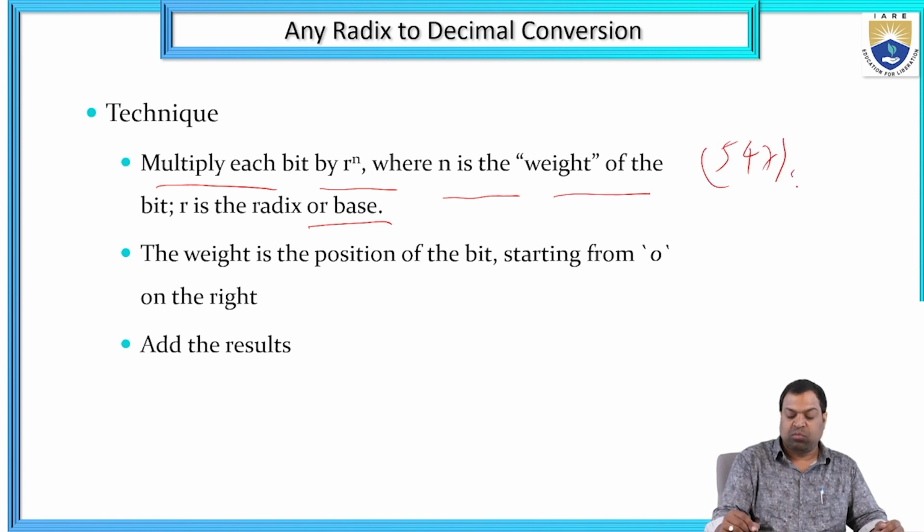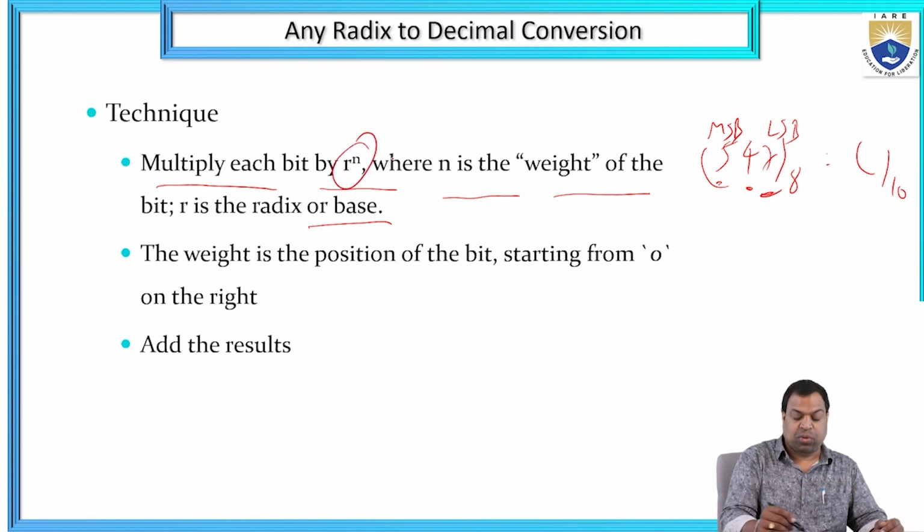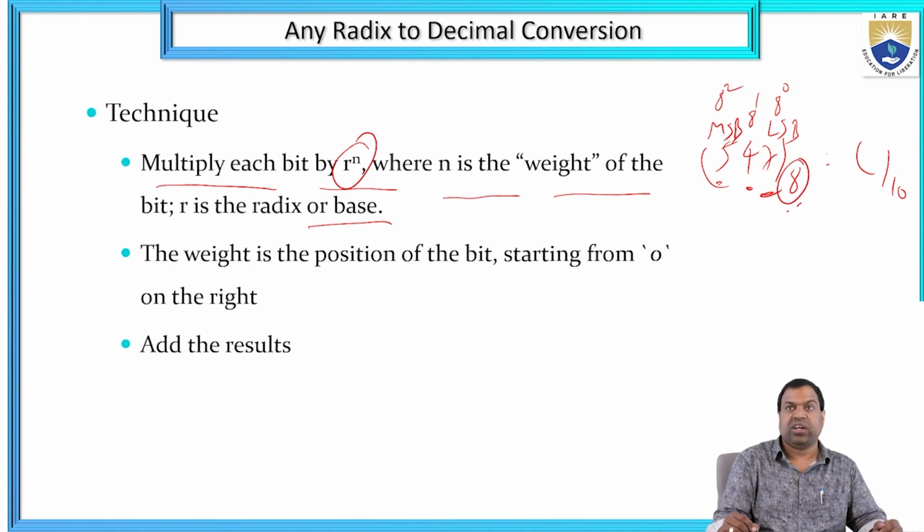I am taking the digits from LSB to MSB as r power n, that is, 8 power 0, 8 power 1, 8 squared, because the base is 8. So from LSB to MSB we take the position of r power n, which is also called the weight.